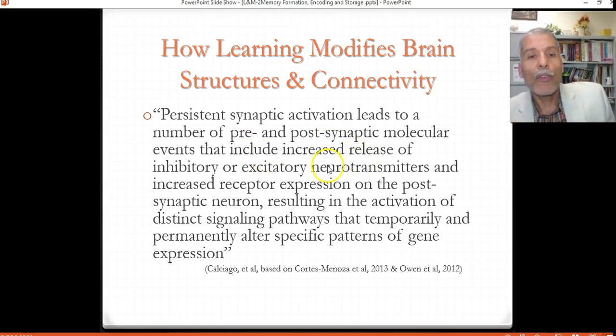And these include release of inhibitory or excitatory neurotransmitters, whether neurotransmitters to make the gate, the channel, close or to make it open: inhibitory close and excitatory open. And increased receptor expression, which is these channels that can increase as a result of the repeated, persistent stimulation on the postsynaptic neuron, resulting in the activation of distinct signaling pathways.